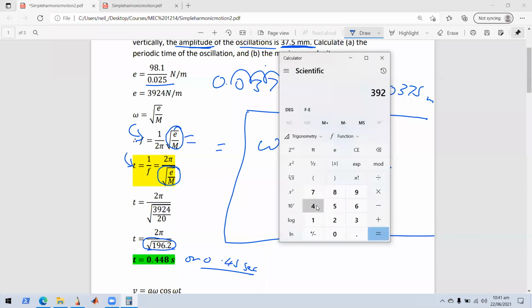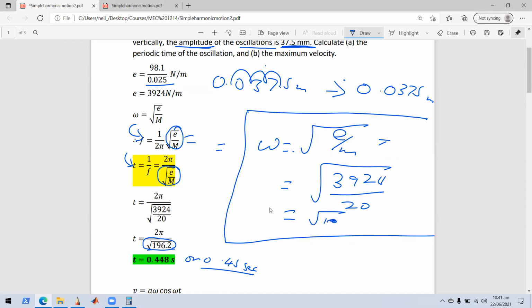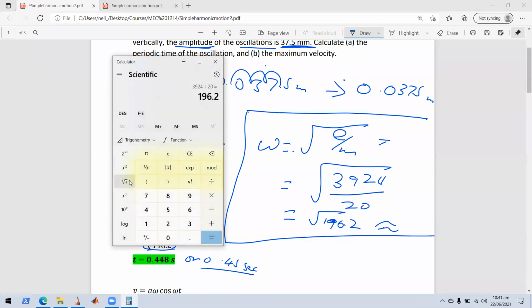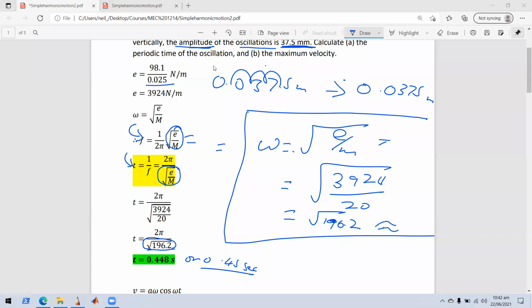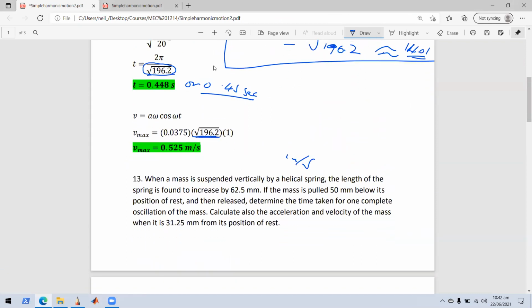Three, 924 divided by 20 is 196.2, so the square root of 196.2, which is equal to 14.007. So that's 14.01. If you get that value, then you plug that in here. Remember, this is the square root of 196.2.